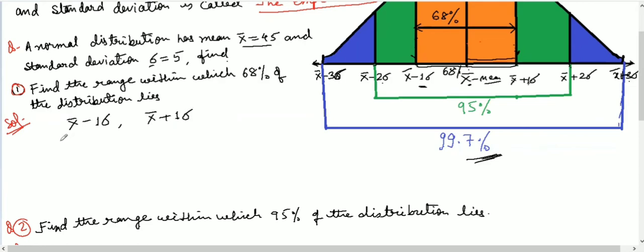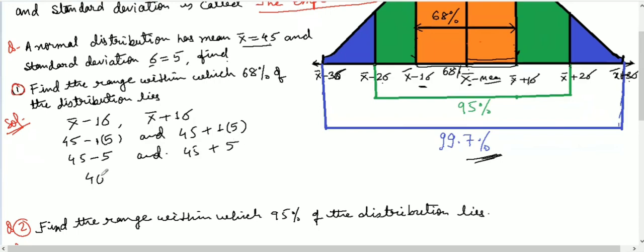So x bar is 45, the mean is given as 45, minus 1 time standard deviation, which is 5, and x bar, which is 45 here, plus 1 time standard deviation, which is 5. Calculate it: 45 minus 5 and 45 plus 5.